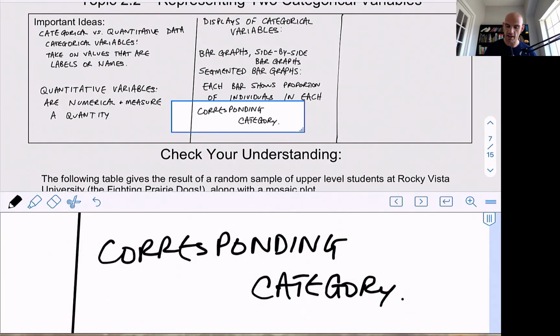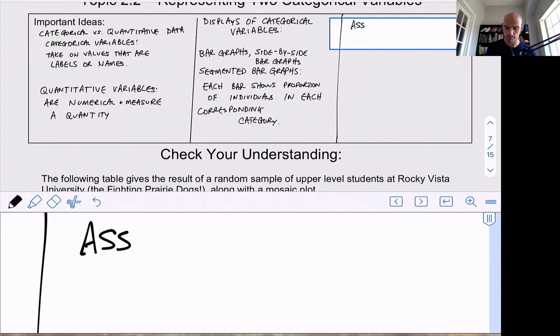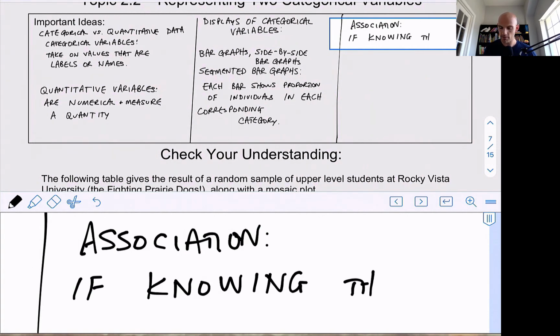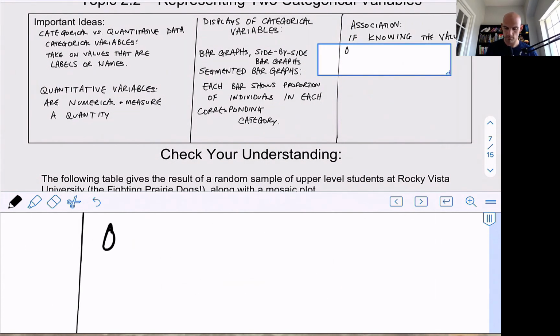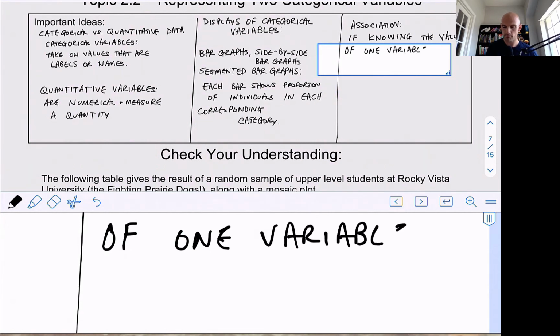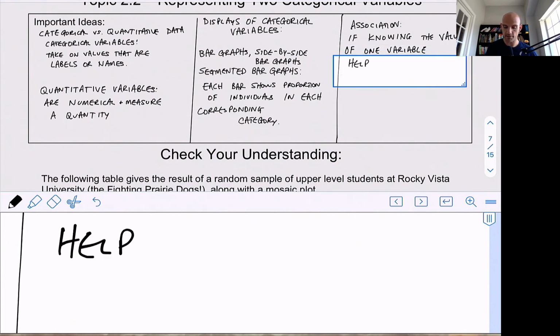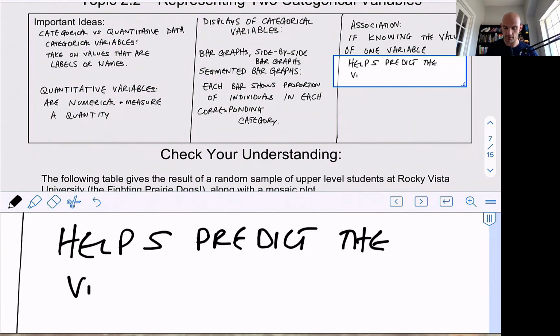So association in this case means if knowing the value of one variable helps predict the value of the other.